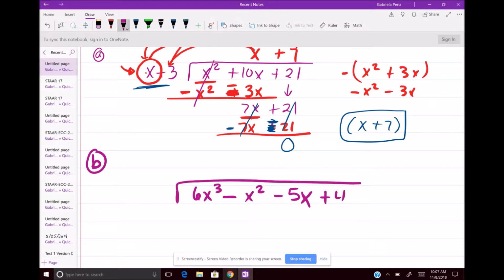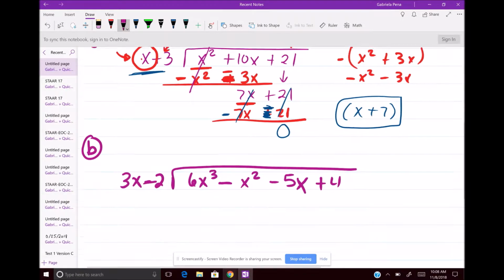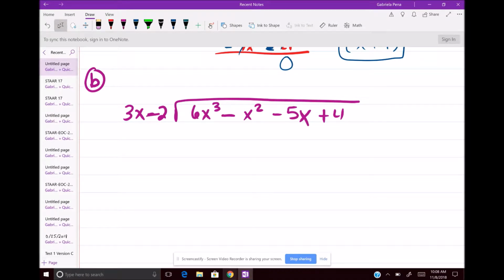All this divided by 3x minus 2. So let me move this up. So 6x cubed minus x squared minus 5x plus 4 divided by that.